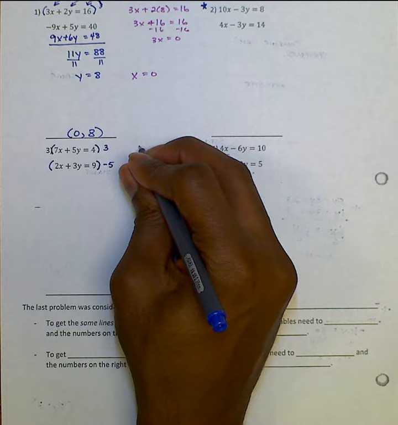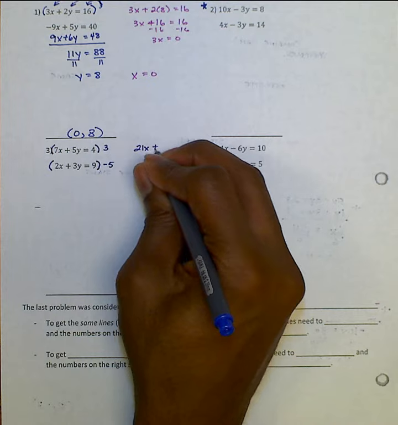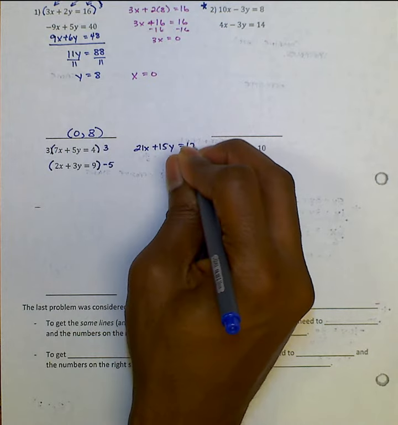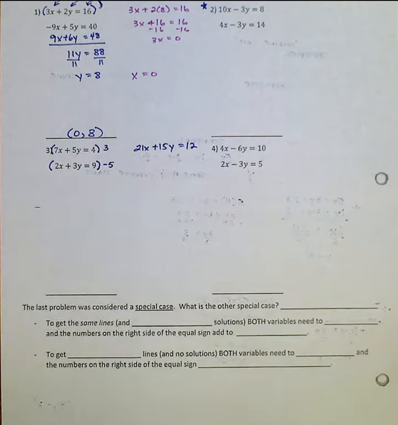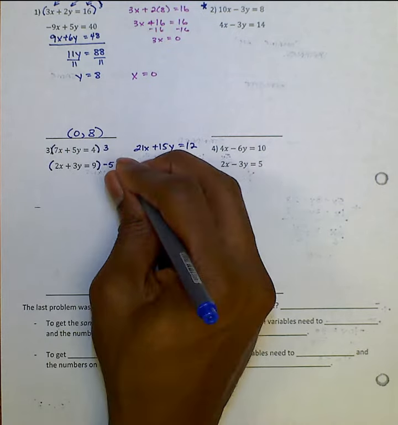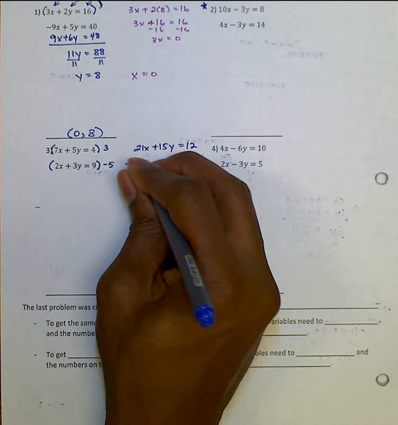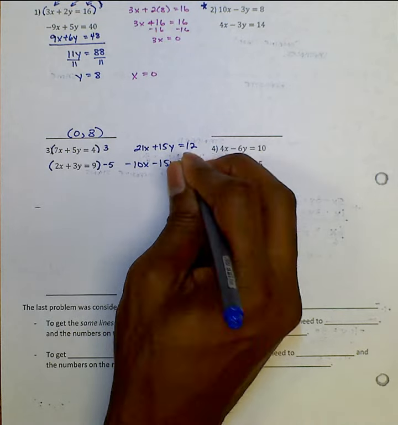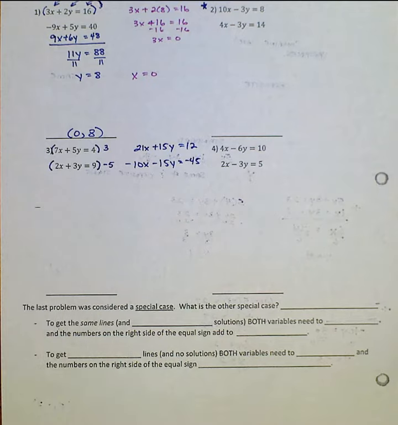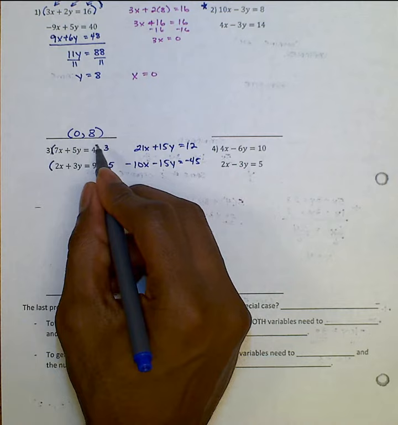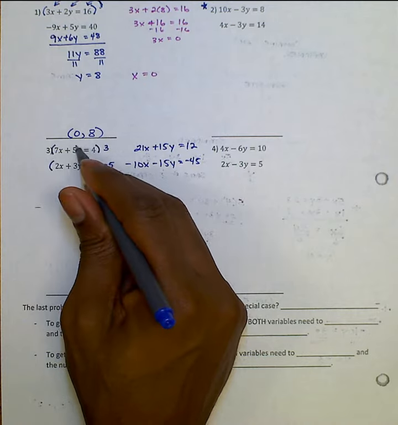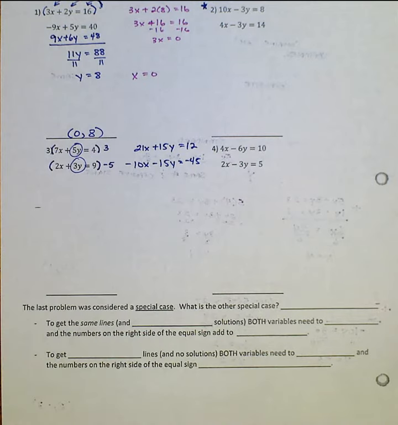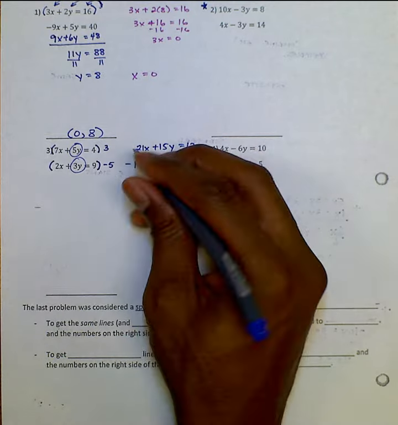So I have 21x plus 15y equals 12, and then I'll have -10x minus 15y equals -45. You notice that I chose this number because I wanted to make sure that I got the y's to be the same number with opposite signs. And so now I can eliminate these.